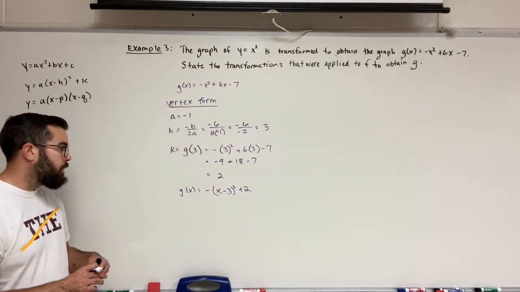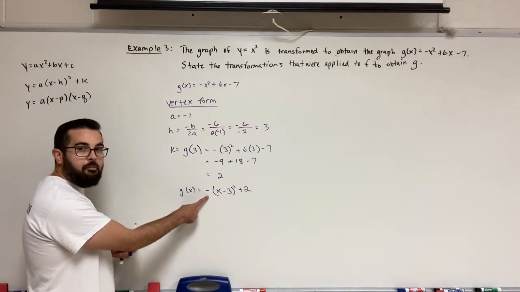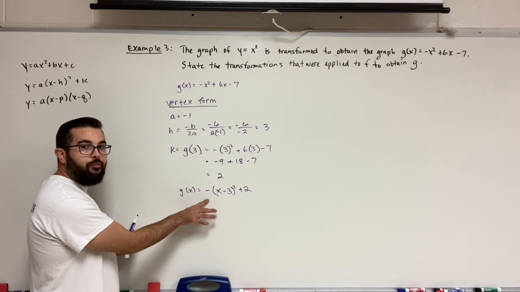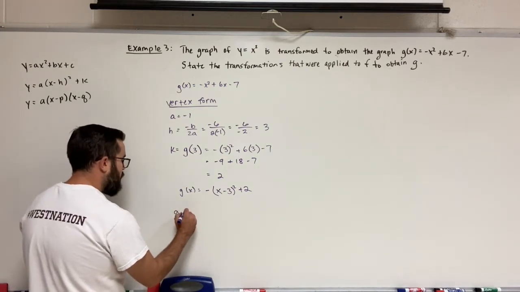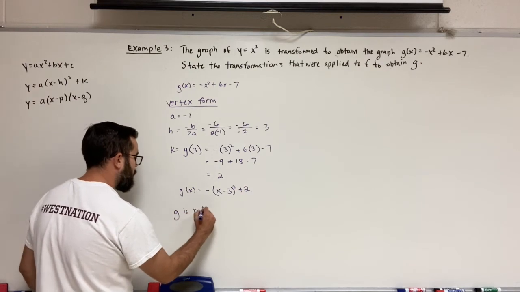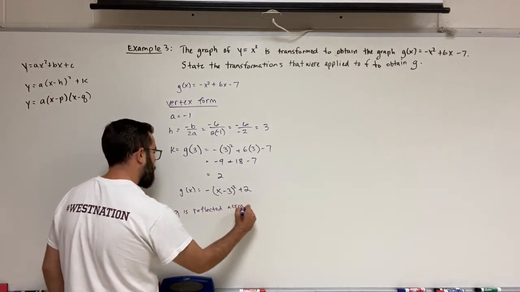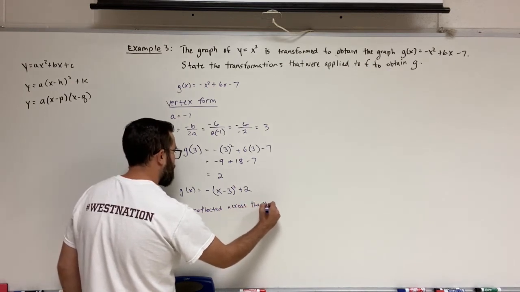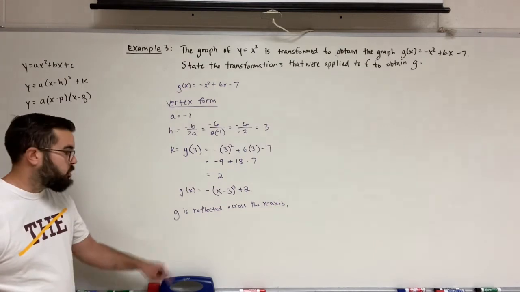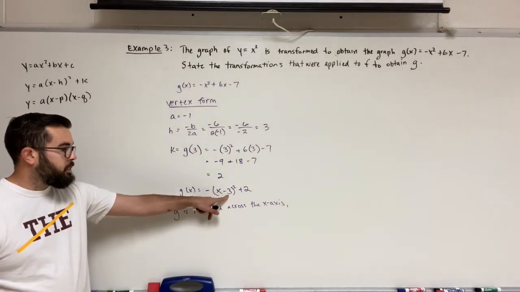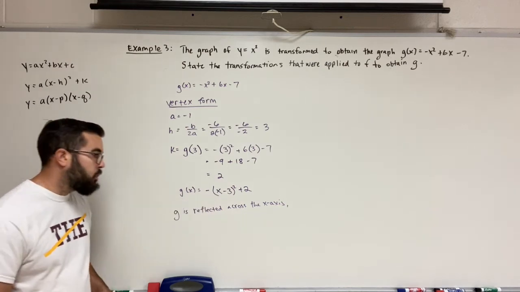Now to write the transformations. This negative a value produces a reflection across the x-axis. So g is reflected across the x-axis. Now what does that 3 do? That minus 3 shifts to the right 3 units.